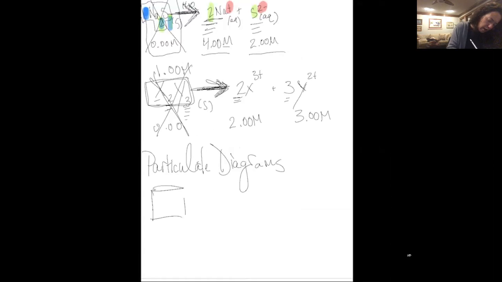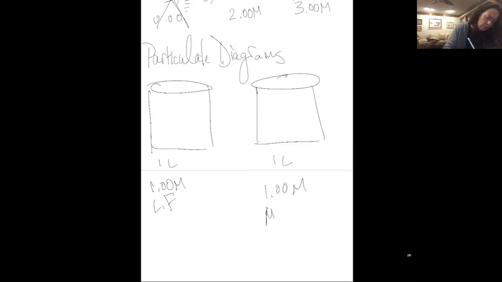So I've got a 1 liter solution of, let's make that bigger, we need some more space here, a 1 liter solution of 1.00 molar LiF. And over here, we'll have a 1 liter solution of 1.00 molar, let's say, MgF2.